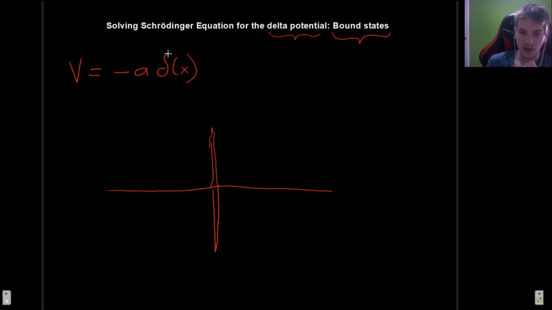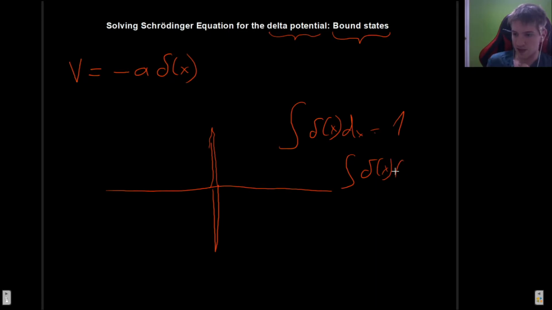And one of the properties is that if you integrate delta x, it's just going to be 1. And if you integrate delta x times some function of x, because this delta is 0 everywhere except at x equals 0, this integral is just going to be f evaluated at whatever point this is.